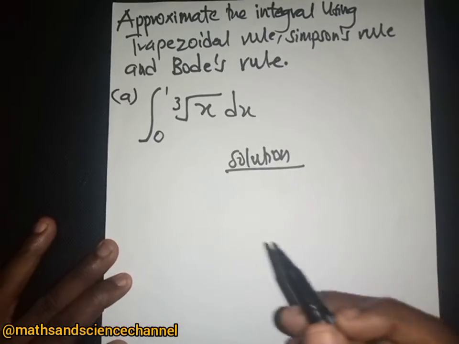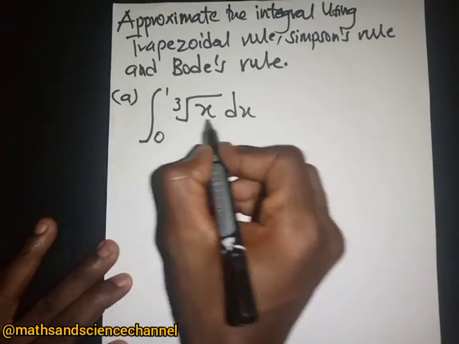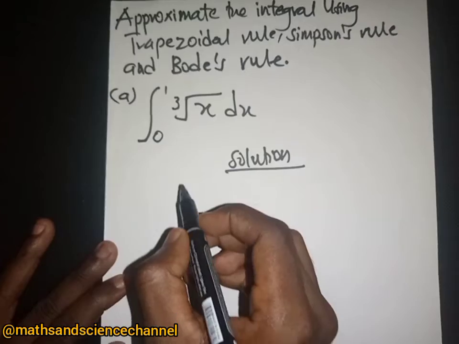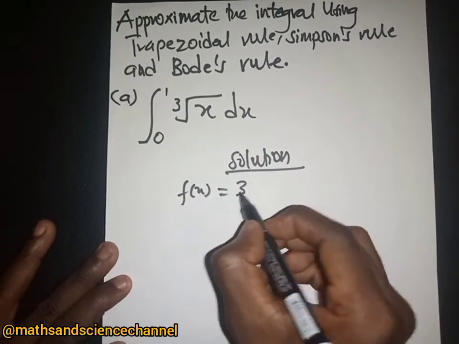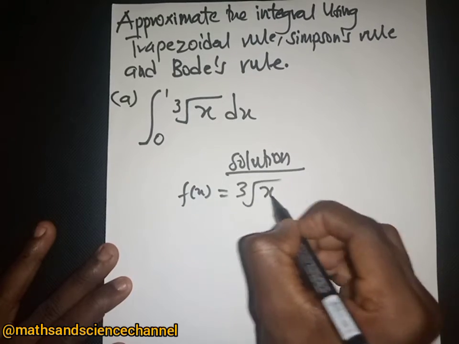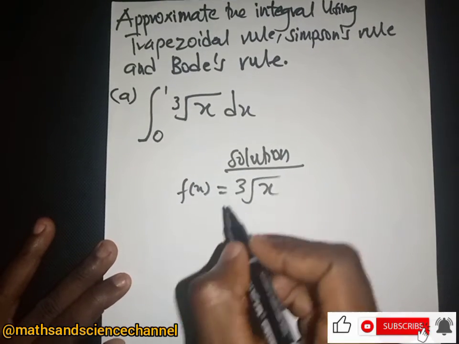So we're given f of x. Let's say the integral here from 0 to 1 of the cube root of x. So I'm given the cube root of x here.